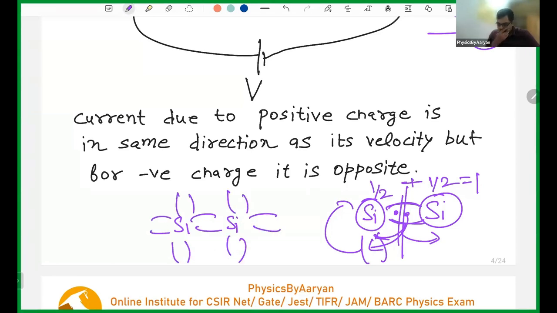And you can do this calculation. Okay, so silicon had 4 electrons. Now, if I break this, these 2 electrons are equally shared between this and this. So 2 electrons are being equally shared. It has 8 electrons now. So now I just bring 1 electron out.